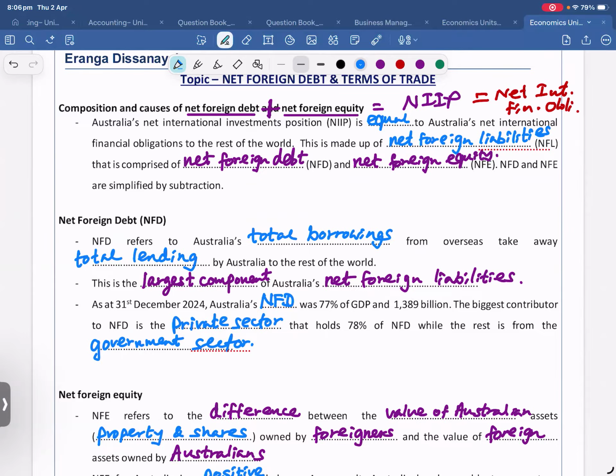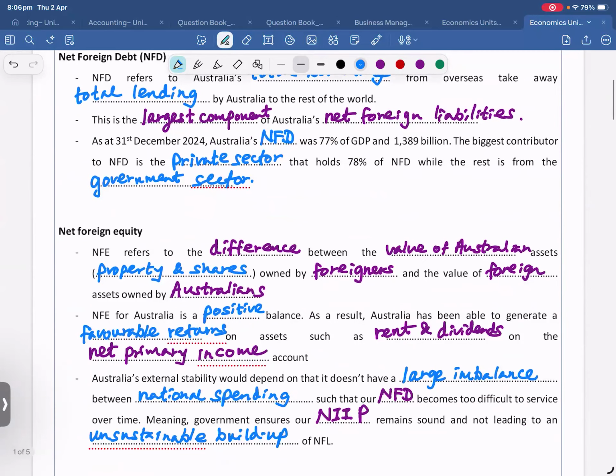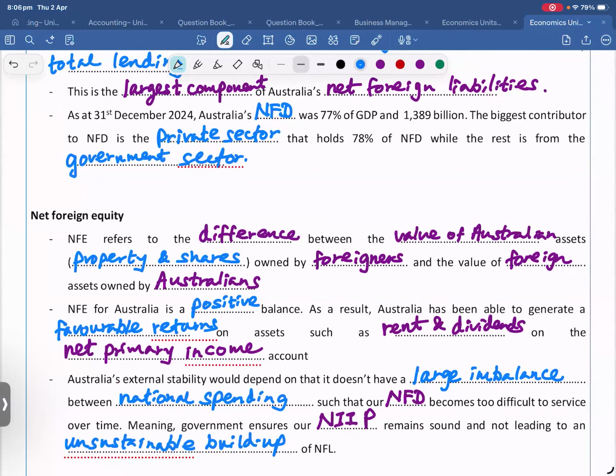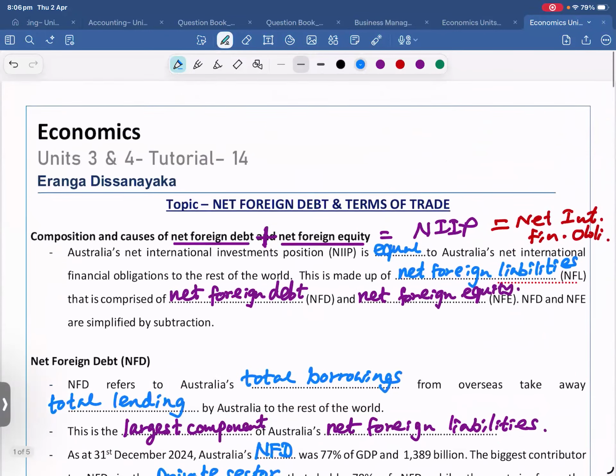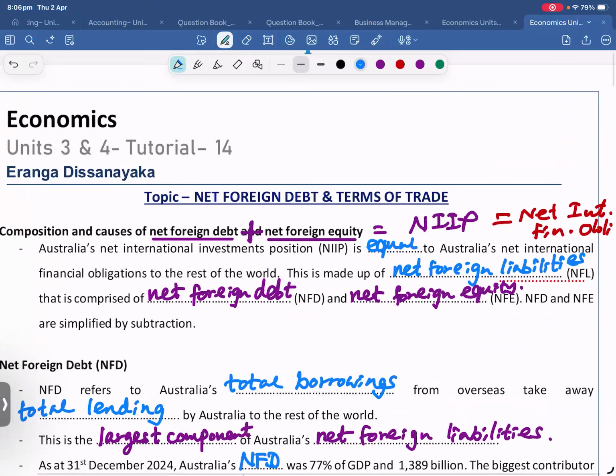I hope it makes sense. Does that make sense? The concept of net international investment position is equal to net international financial obligation. Also, it is equal to net foreign liabilities, which we say NFL.